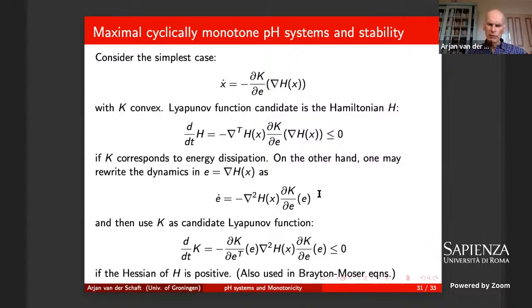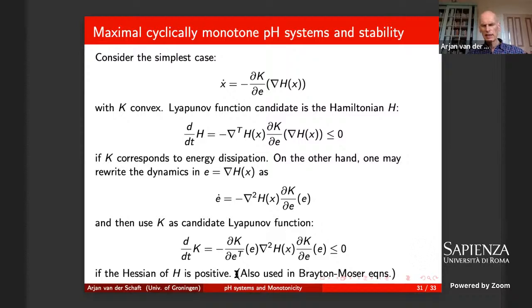On the other hand, we can also rewrite the dynamics in terms of the conjugate variable, like this, where here the Hessian of the Hamiltonian appears. And then the function k, corresponding to energy dissipation, is popping up as a candidate Lyapunov function because d/dt of k is also less than or equal to 0, at least if the Hessian of H is positive.